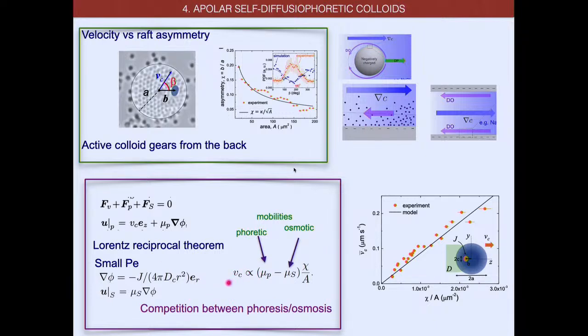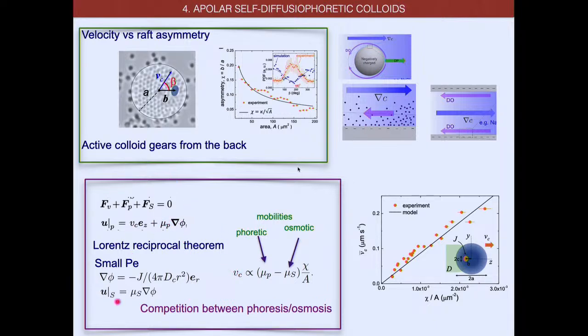prediction about how the velocity will depend on the object size. In this case, we give an object size and see what happens. And we actually have two mobilities. In reaction to a concentration gradient, there will be a velocity on the solid surface characterized by the diffusioosmotic mobility, and because the particle will have a tendency to move in a concentration gradient with a diffusiophoretic mobility, we have these two coefficients.